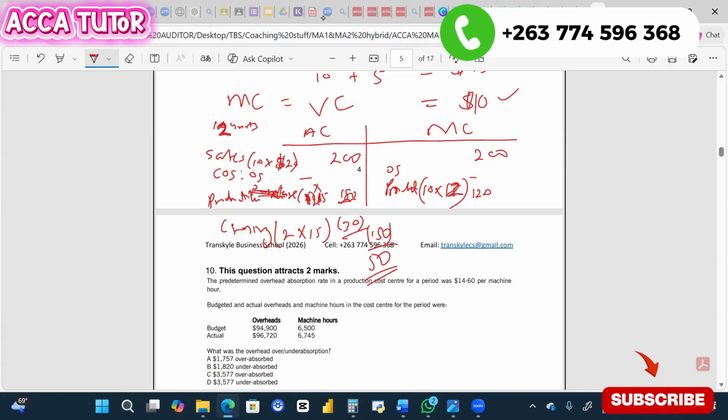The production, we say 10 multiplied by 12, so the closing stock should be 2 multiplied by 10, which is 20. And it comes to 100. 100 minus 200, we are getting, oh my God, $100. Why is the profit so high?